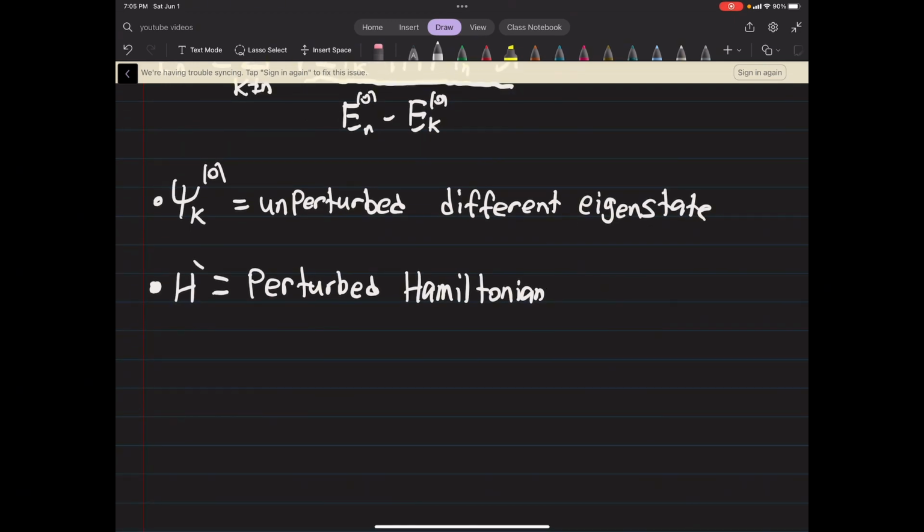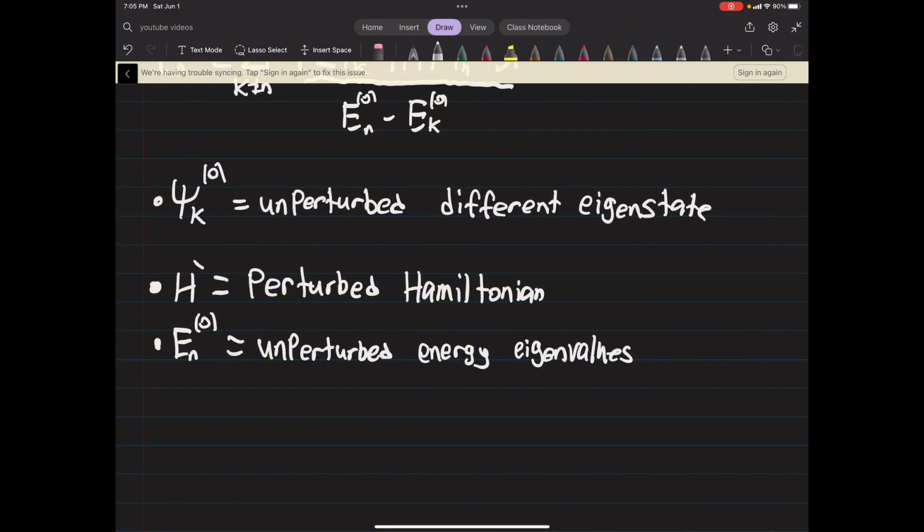And then E sub n there, that's our unperturbed energy eigenvalues of psi sub n.